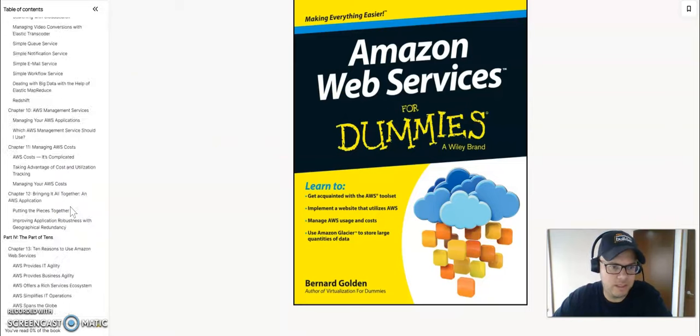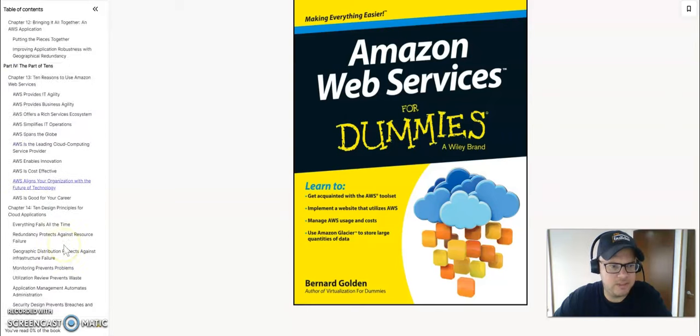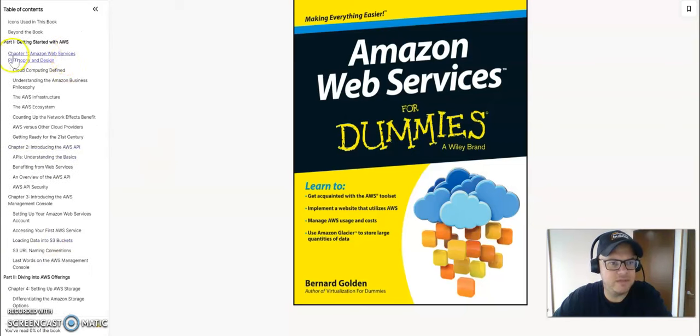The book has four parts and 14 chapters. So let's take a look at each part. The first part is all about getting started with AWS. It covers what AWS is, the introduction to the AWS APIs, and the introduction to the AWS Management Console.